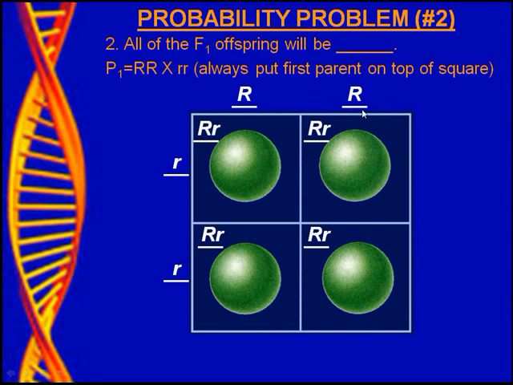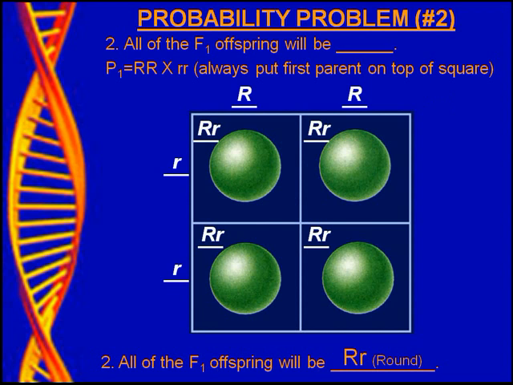That's half the genetic information from one parent, half from the other parent. No choice but to have one of each. When you have one of each, you look like the dominant form, in this case, round. So, all of the F1 offspring will be heterozygous, hybrid, or round phenotype.